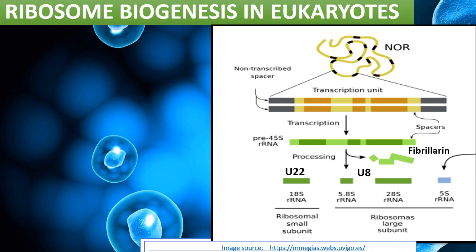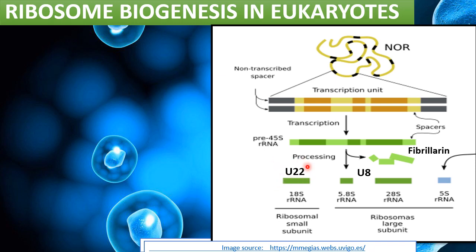For the processing of pre-ribosomal RNA, different types of nucleolar proteins and RNAs are required. For example, fibrillarin is an important protein which is used in the processing of pre-ribosomal RNA. The small nucleolar RNA U22 is used for the cleavage of pre-ribosomal RNA into 18S ribosomal RNA.